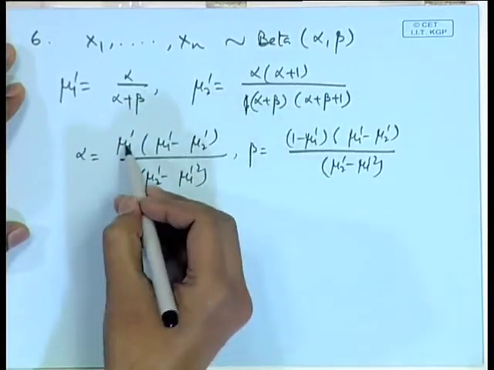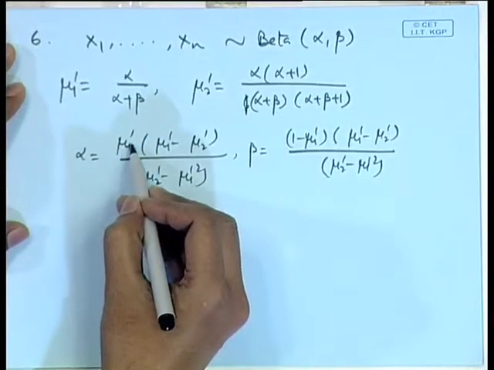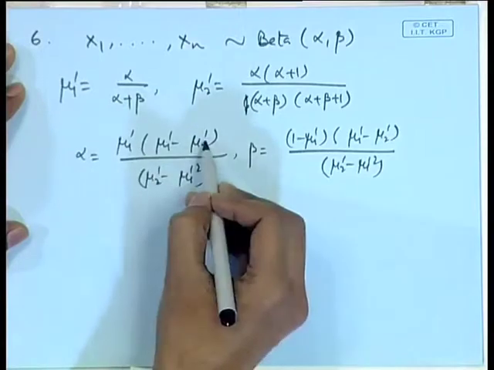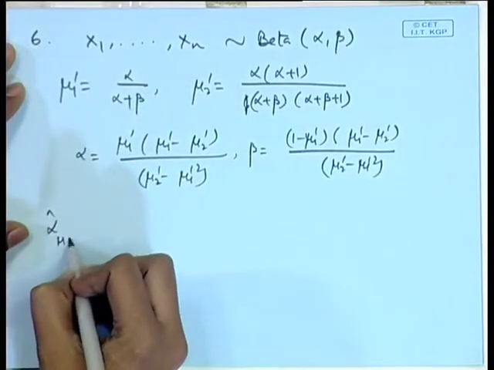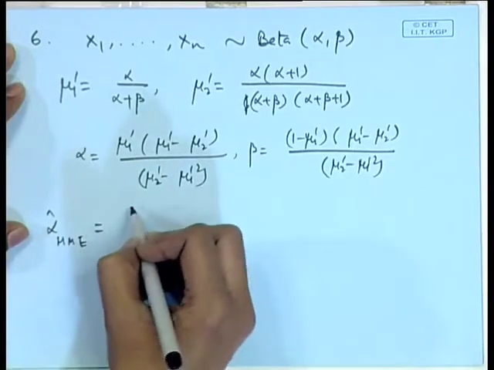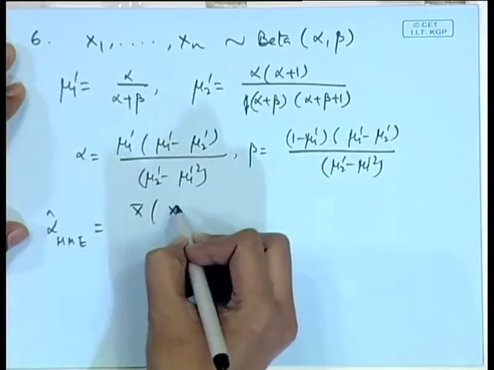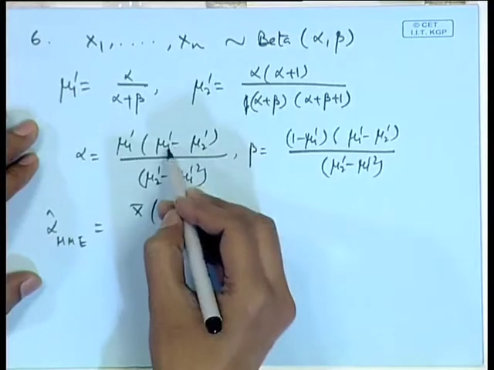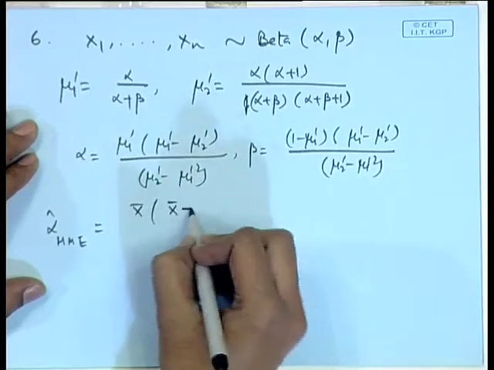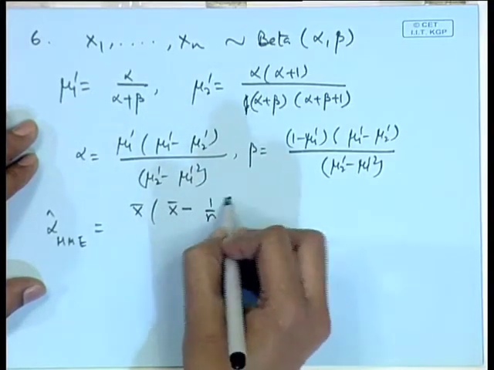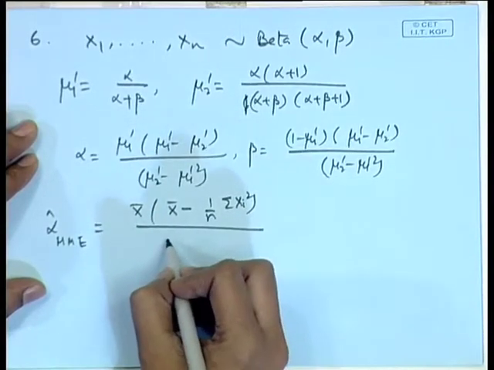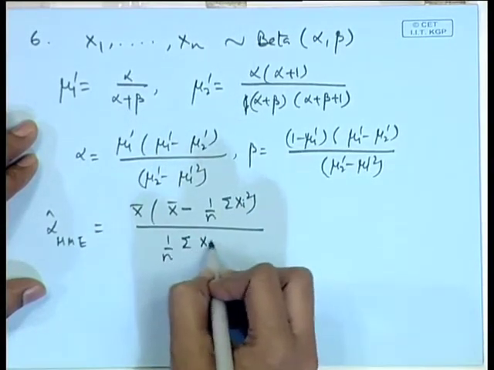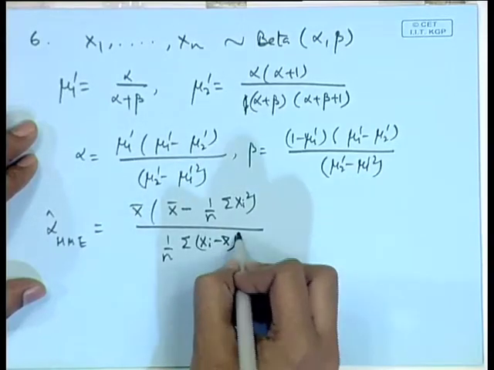So, substituting for mu 1 prime as x bar and for mu 2 prime 1 by n sigma x i square, we get the method of moments estimators as follows. Alpha hat MME is x bar into (x bar minus 1 by n sigma x i square) divided by (1 by n sigma x i square minus x bar whole square).